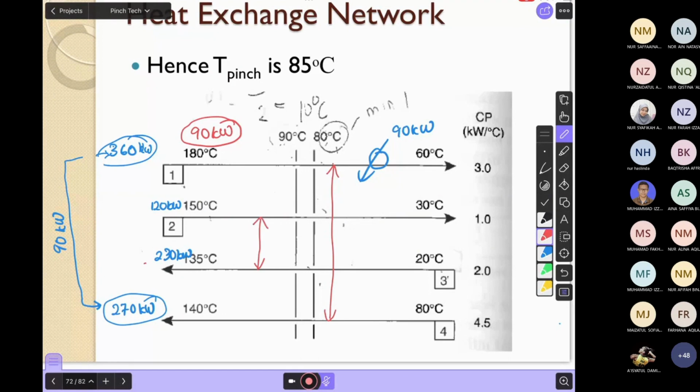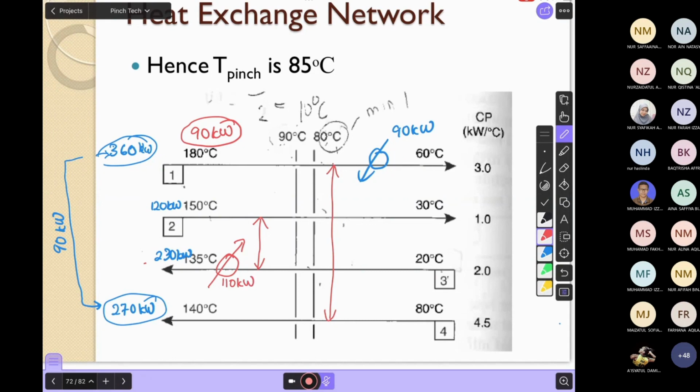So you bagi 120, left with 230 minus 120 apa? 110. So you need heater here. Yang ada balance 110 kilowatt.